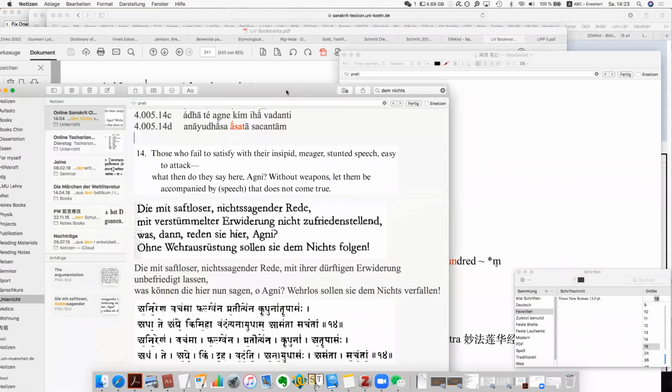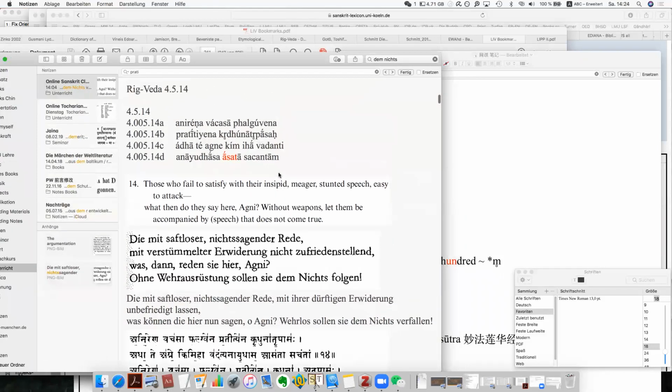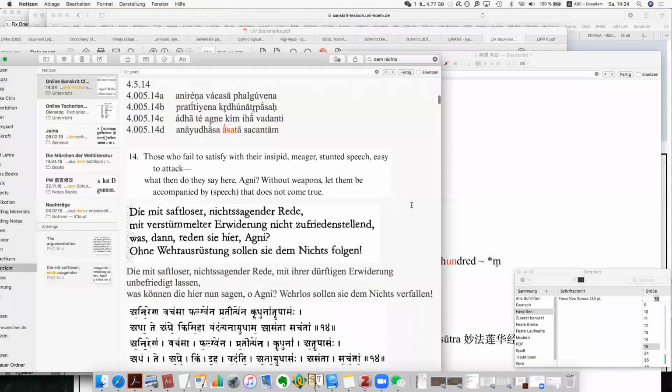And probably we can read the text again to read the verse. Yeah. Okay. So the meaning, Anirena vachasa parguvena. So Arinena actually means, yeah, so that's why I find the English translation not really good.